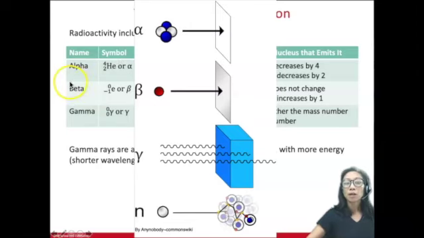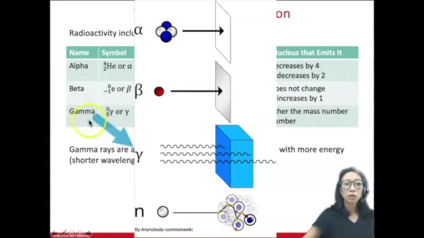A beta particle is relatively slightly smaller and can travel farther, but also can be blocked by materials like wood or cement. Gamma rays are the most dangerous because not only can they travel long distances, but they can also pass through many types of material like wood. So this gamma is what we need to protect ourselves from.